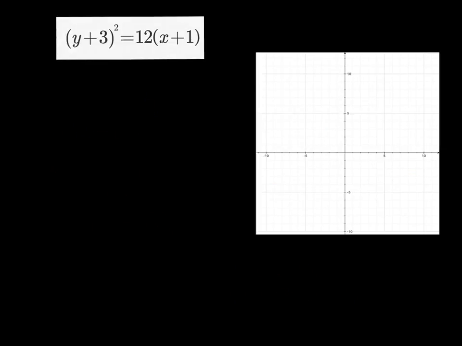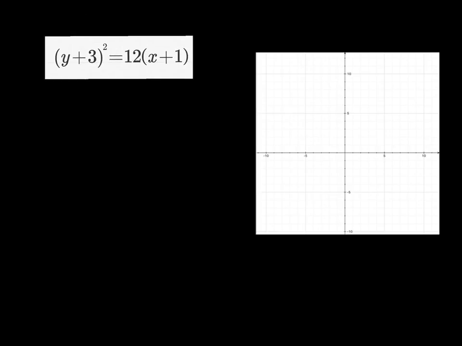Finally, let's do another example of a parabola that opens to the left or to the right. Oh, I forgot to tell you, the sign of this coefficient tells you if the parabola opens to the left or to the right.